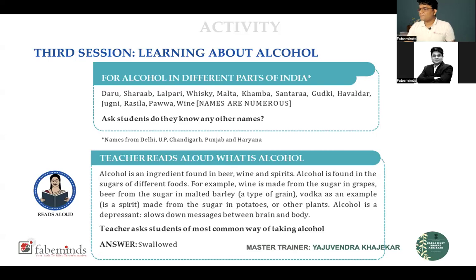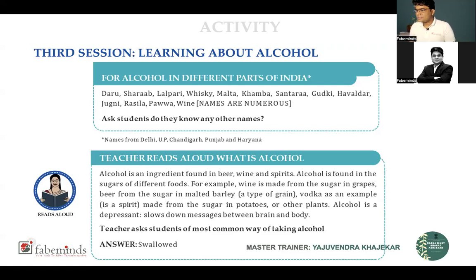Alcohol in different parts of India is called Daru, Sharab, Lalpari, Whiskey, Malta, Khamba, Santara, Gudki, Hawala, Jugni, Rasila, Pawa, wine. Names are numerous. So ask students if they know any other names. You will be telling all these names, and if they know any others, like Santri in Maharashtra, that is also a name.